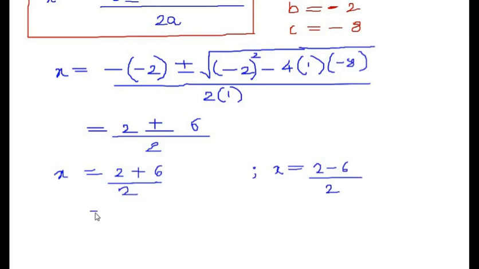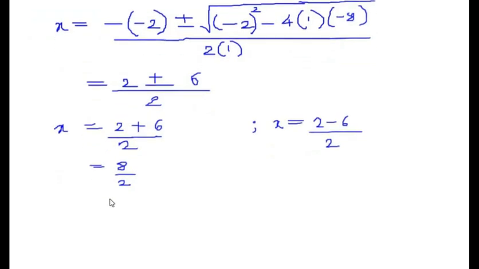So we have the x value as 8 over 2, which gives us 4. So let us take it as our first x value, x1, and here we get x as 2 minus 6, which is -4 over 2. So let us take this as our second value of x, which is -2.